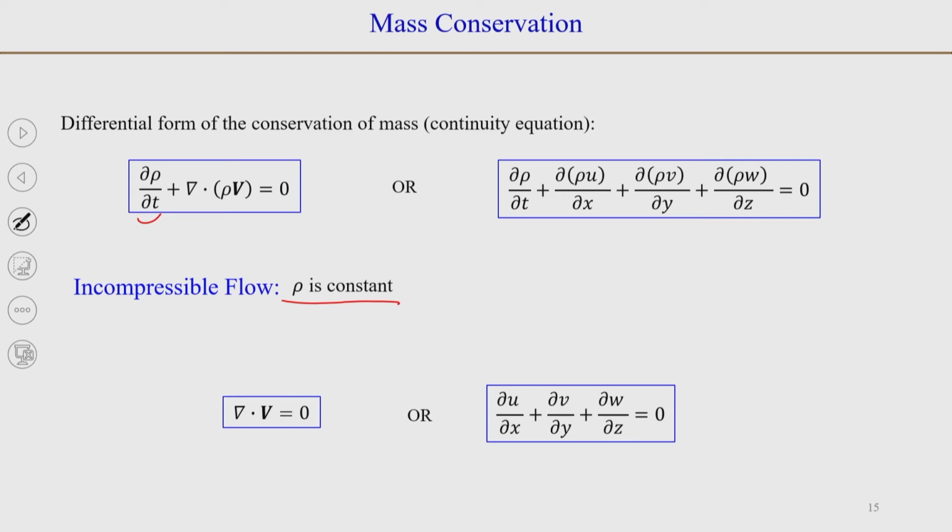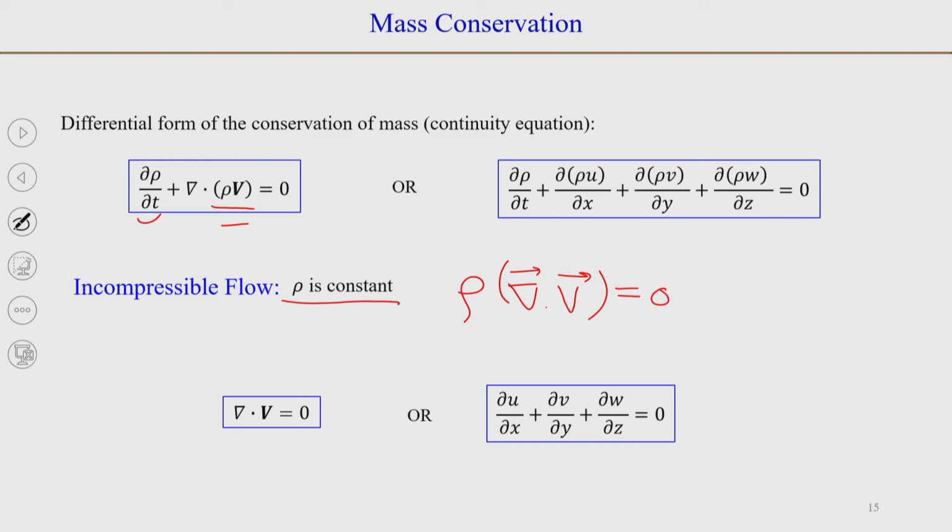Now rho is constant, so it does not depend on x, y and z coordinates. So, this can come out of the bracket. You will have basically rho into del dot V is equal to 0.